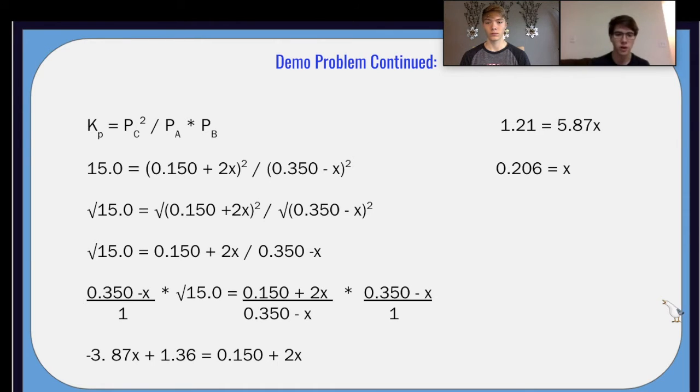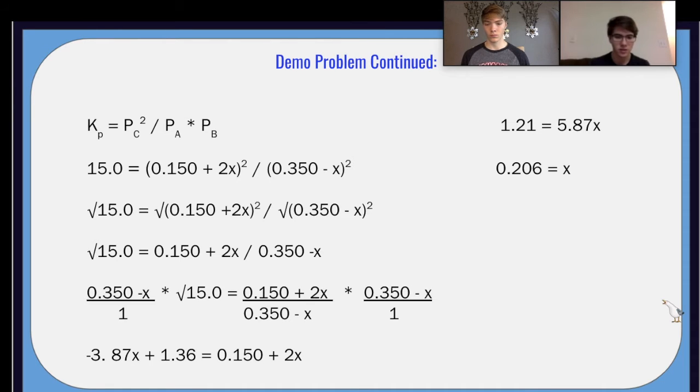is being squared. Now, since both our numerator and denominator are being squared, we can take the square root of that entire fraction and the square root of the 15. And from there, we want to multiply each side by 0.350 minus x in order to remove the denominator, or just simply eradicate the fraction, so x will be a lot easier to find.